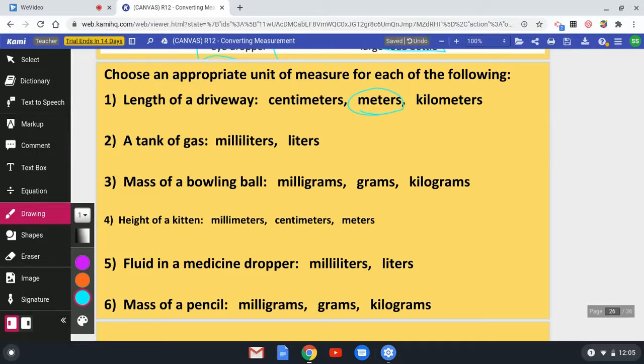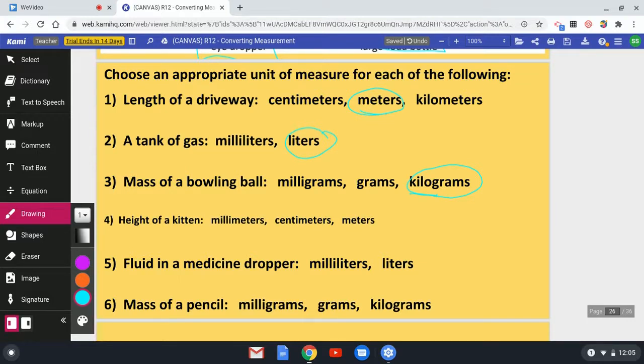A tank of gas, liters. A mass, or how heavy a bowling ball is. Think about it. Kilograms may seem like a lot, but remember a bat is about a kilogram, so we would use kilograms. Try 4, 5, and 6.